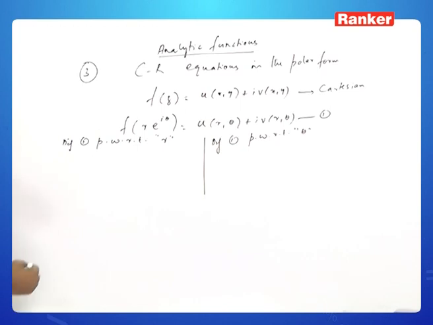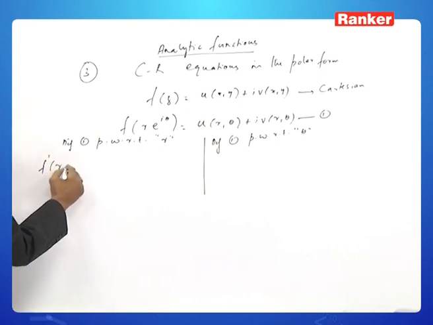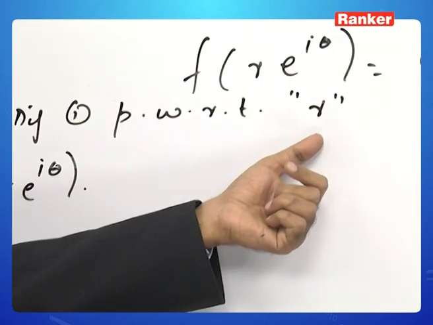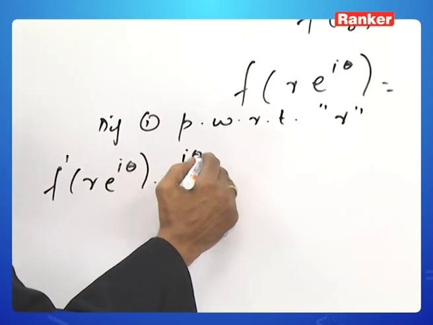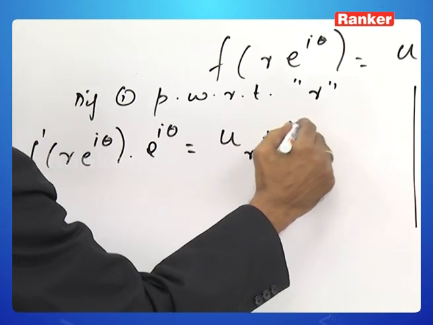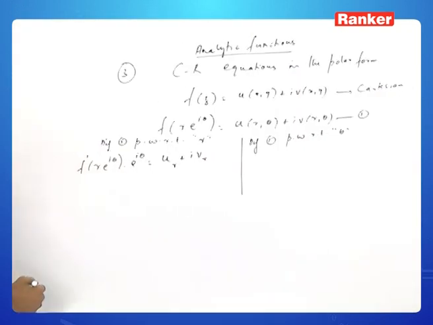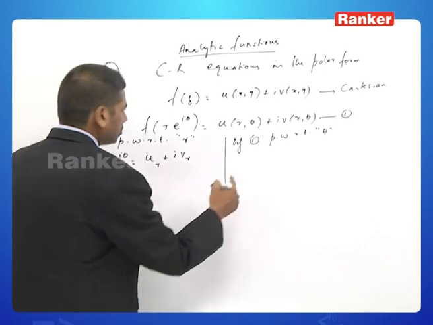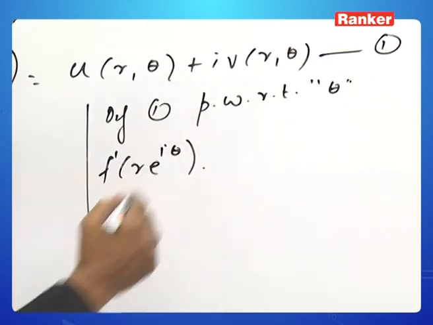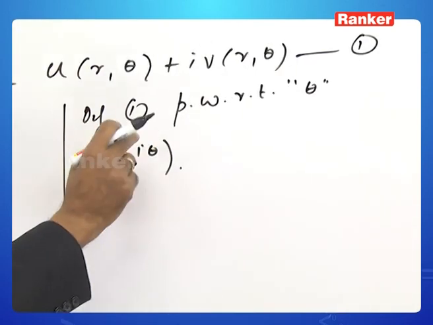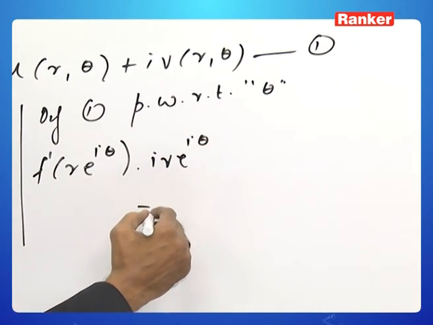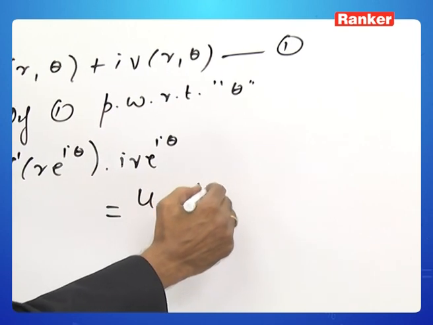So let's look at the first thing. f dash of r e power i theta into the differentiation of r e power i theta with respect to r will give us e power i theta, and on the right hand side we can write in notation as ur plus i vr. Going to the other side, with respect to theta, f dash of r e power i theta into differentiate r e power i theta with respect to theta, and we will get i r e power i theta is equal to u theta plus i v theta.